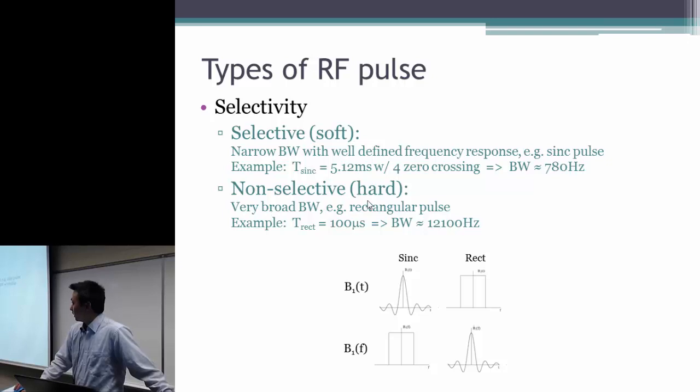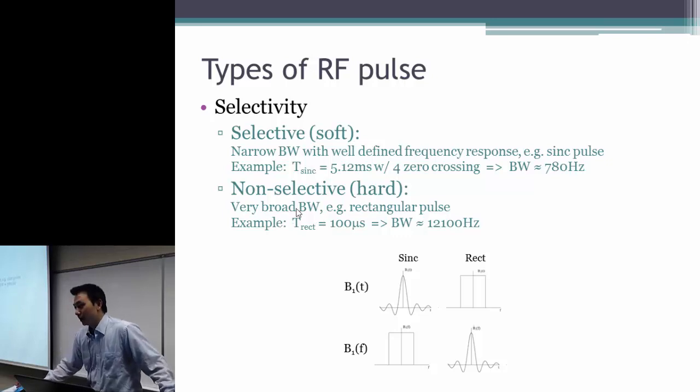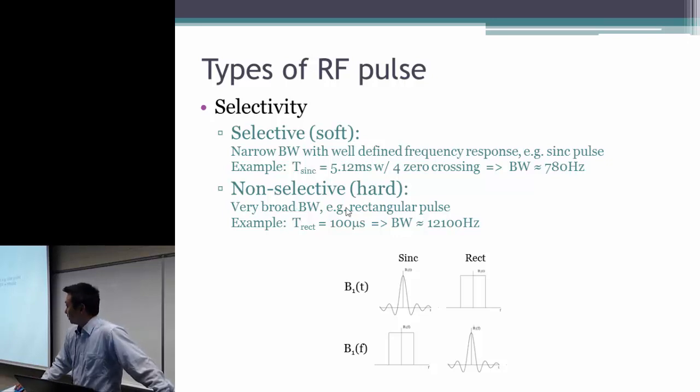And for the non-selective pulse, we usually call it a hard pulse. The hard pulse is usually implemented with a very, very short duration and gives a very broad bandwidth. When you give a hard pulse, it will excite almost every spin in the whole object similarly. It is usually given as a rectangular pulse.